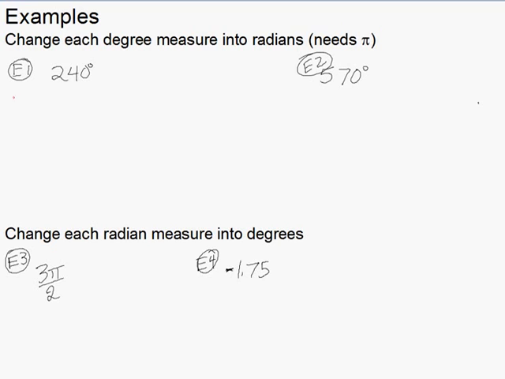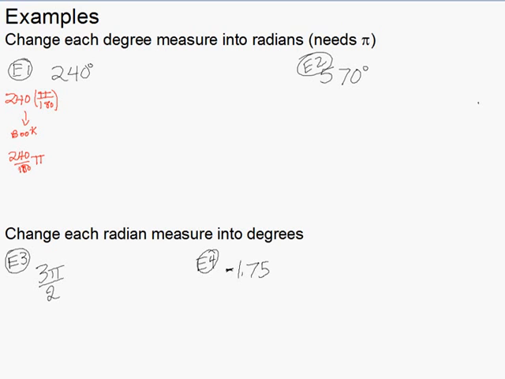So I would write this out saying, okay, I got 240. And remember I told you, pi needs to be on top when I'm putting pi inside the problem. Okay? Now I'm going to show you how the book does it, and how I'm going to do it. So this is book. The book is going to make this into a fraction. So it's going to be 240 over 180 times pi.